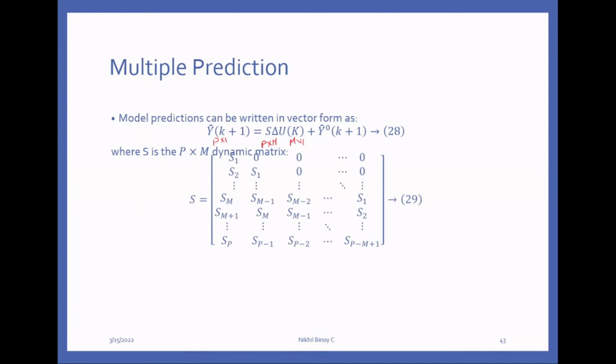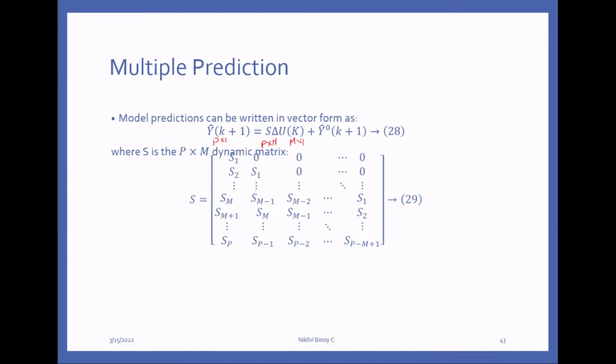That S is equal to S1 0 0 etc 0, S2 S1 0 etc 0, etc etc, Sm minus 1, Sm minus 2 etc S1, Sm plus 1, Sm minus 1 etc S2 etc etc. Last row is Sp minus 1, Sp minus 2 etc Sp minus m plus 1.